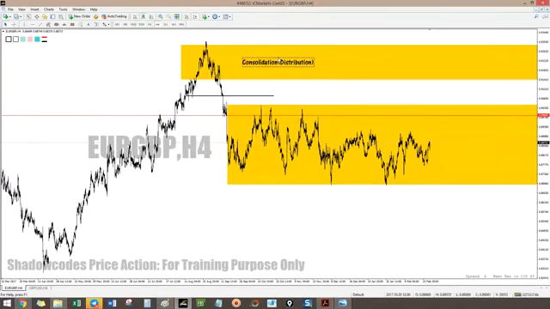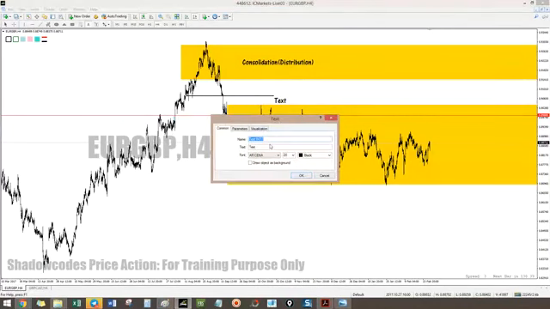Okay, so this is distribution. Why do you call this a distribution? Because you got a structure breaker, a structure breaker that validates the consolidation above.